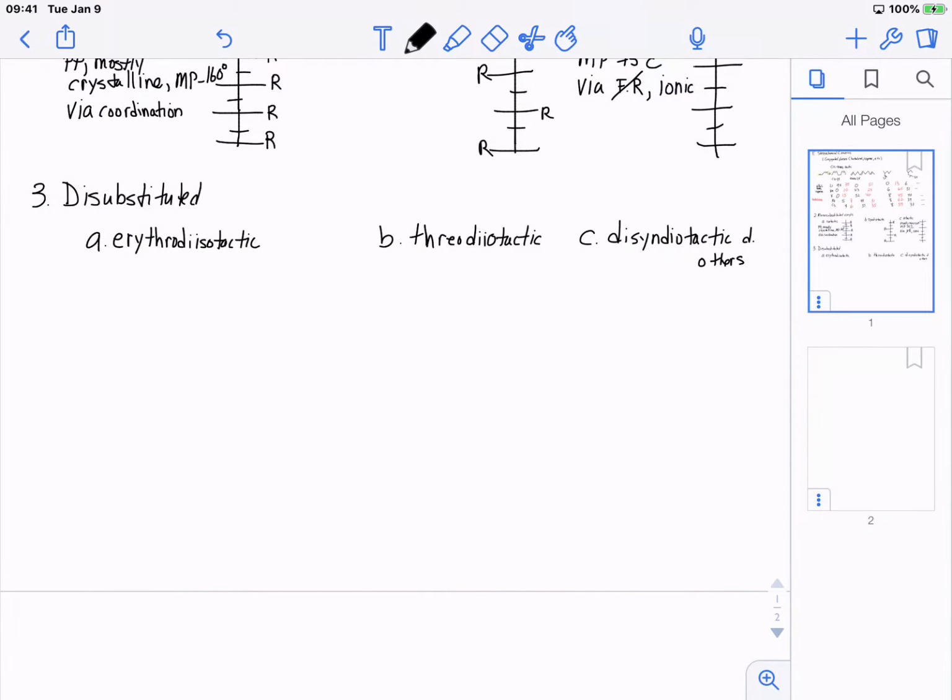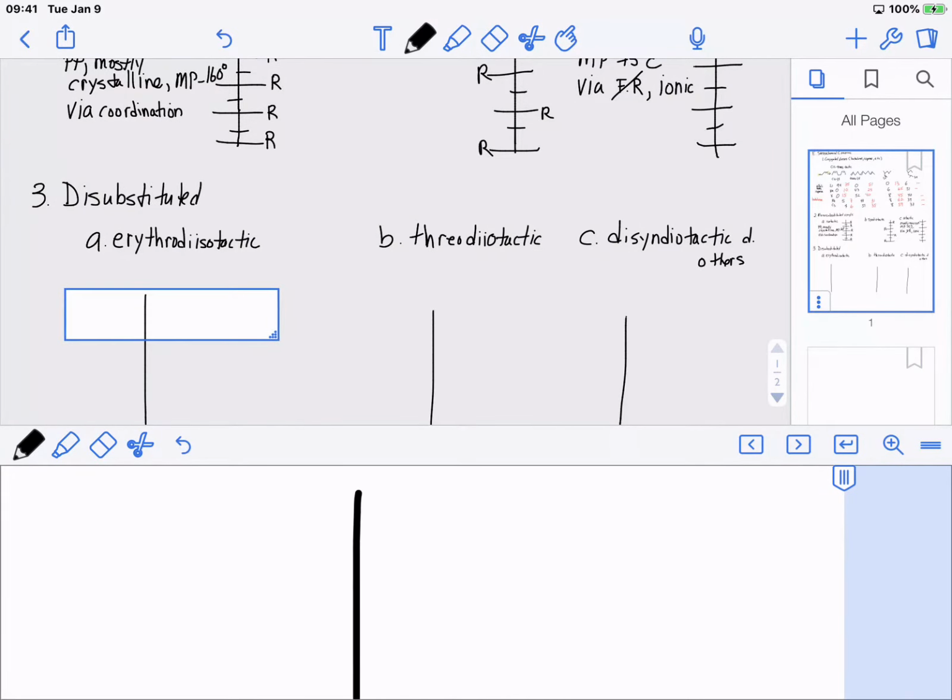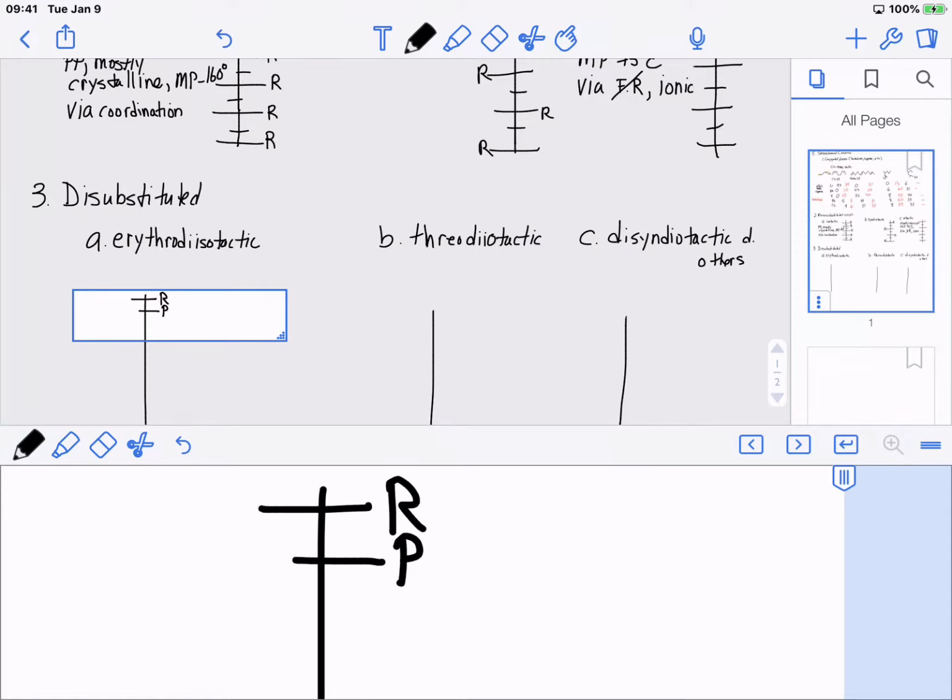Okay, so let's draw a couple of these. I won't draw others. So these are di-substituted, so it would be something like this.